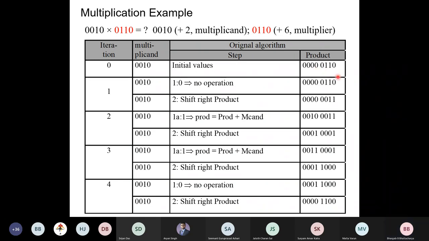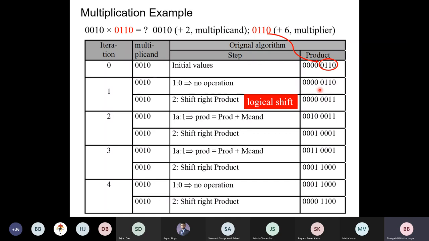Initially, the controller examines the rightmost bit of the product term, which is 0 here. So there is no operation; the only thing you need to do is shift. The multiplicand is loaded here first of all, and since this bit is 0, we don't take any action, just shift the product term right by 1 bit.